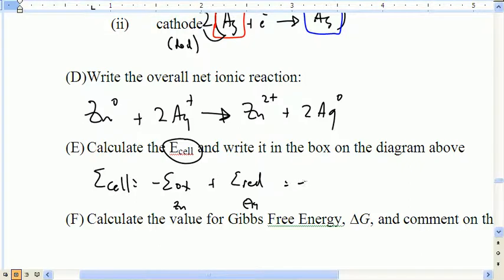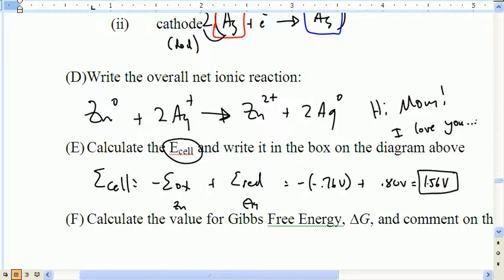That's going to be negative 0.76 volts. And Ag. Someone out there has got a reduction potential chart somewhere. Reduction potential chart. Save me. Here it is. So Zn is that. What's Ag? 0.80. So 0.76 plus 0.80 is going to be, good job there, Riley.